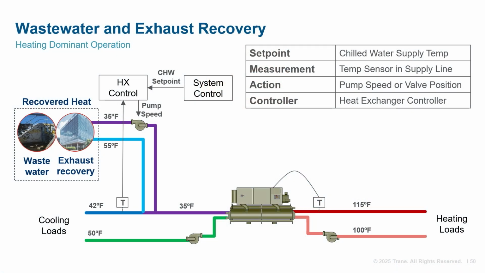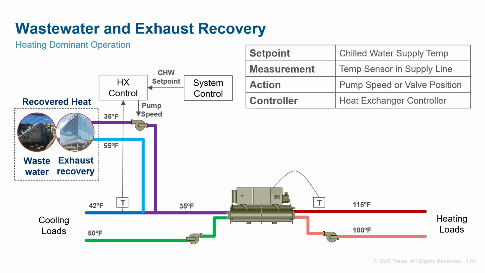Now let's shift gears and talk about wastewater heat exchangers and exhaust heat recovery coils. These sources of recovered heat may be used to balance out the loads in a heating and cooling system, allowing control of both the chilled water and the hot water temperature. In a heating dominant system where the heat pump unit controller regulates hot water temperature, the chilled water loop may be overcooled.